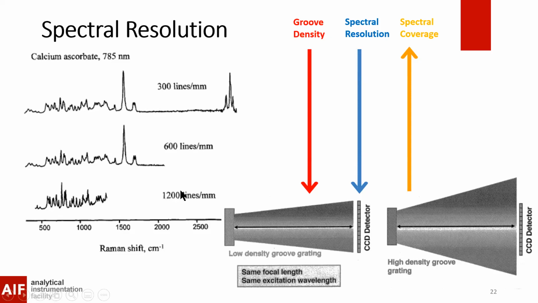But with 1,200 lines per millimeter, with a higher groove density, the coverage is much shorter. That means with a fixed number of pixels in the CCD detector, the wider spectral coverage results in a poor wavenumber separation and a poor spectral resolution.